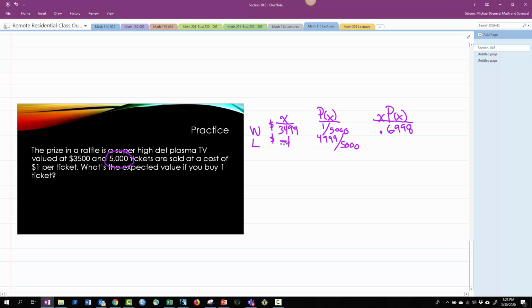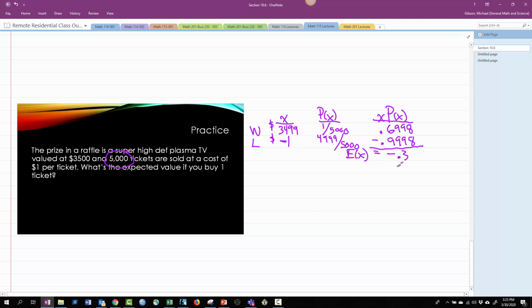And then this one, notice, remember, so we have a negative here. Negative 1 times 4,999 over 5,000 is negative 0.9998. All right. So then my expected value for this whole situation, for this raffle, you add those two together, you're going to get negative 0.3.